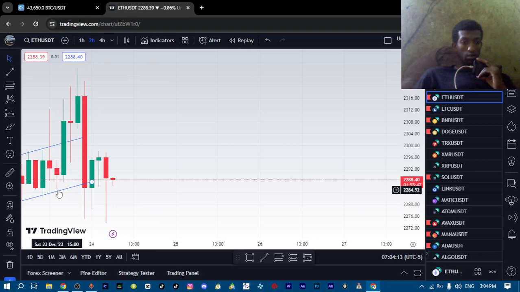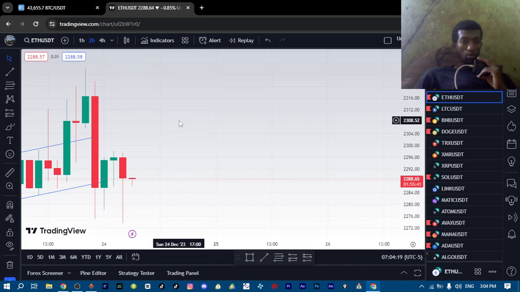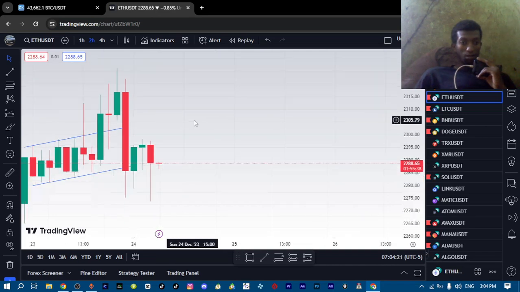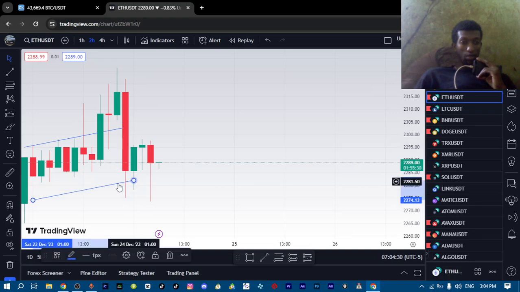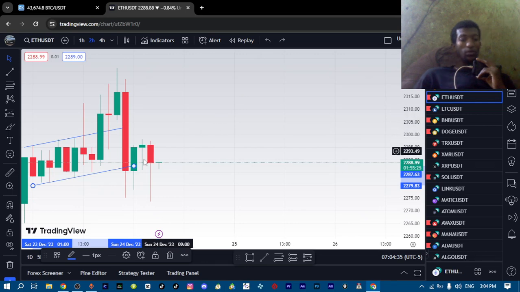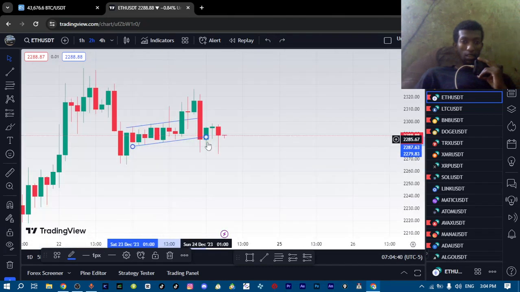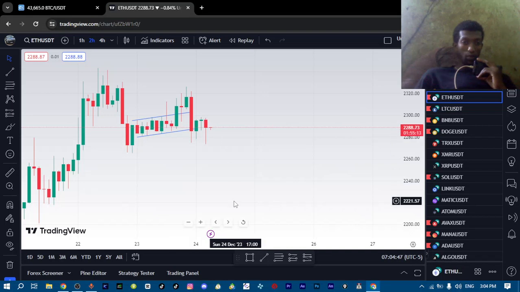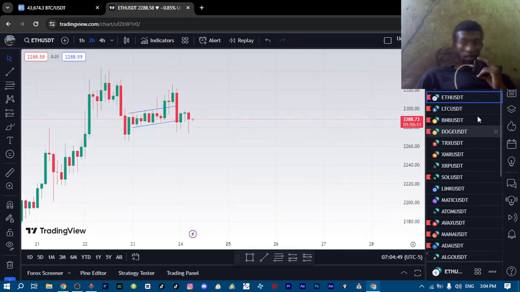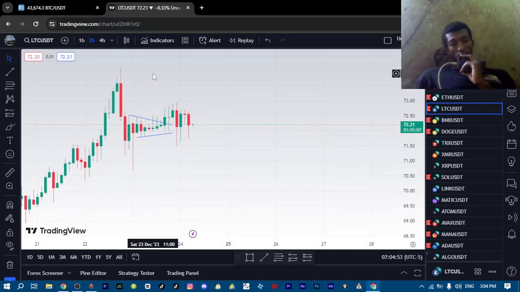So we put our stop loss down here, inside this consolidation. If that stop loss is smashed, this means that the market is now changing gears. The market could potentially change gears and fall to the downside. So this is the Ethereum situation.